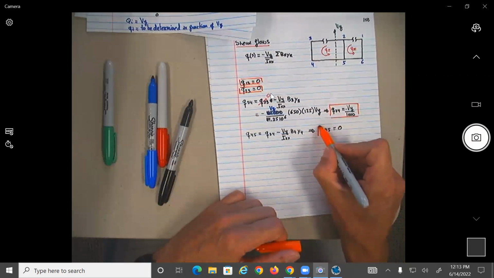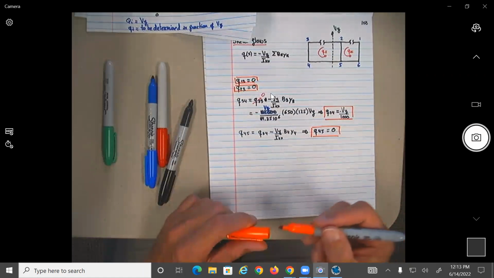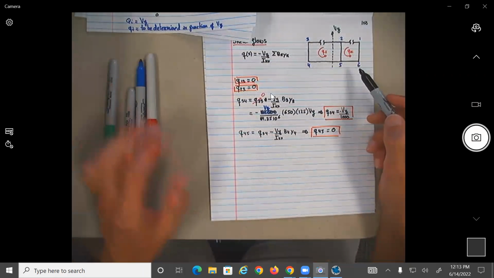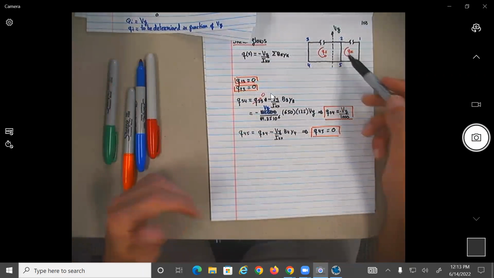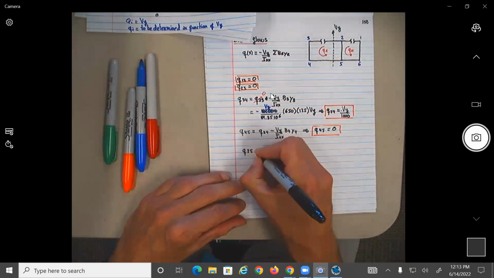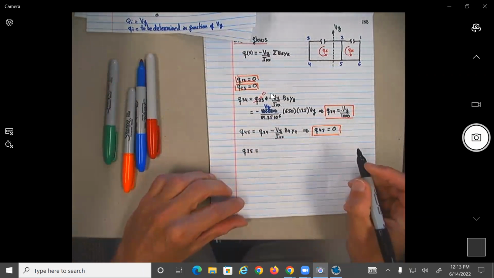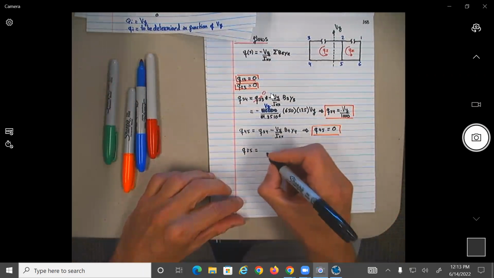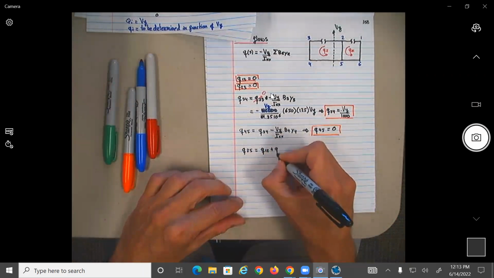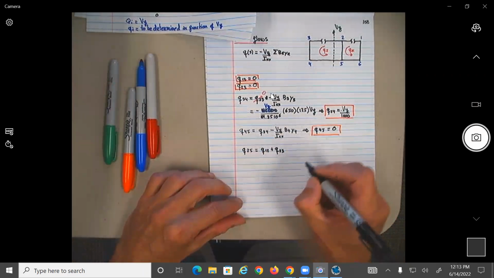All right, Q45. Now we can do Q25 if you want, even though since everything is 0, it's not going to change too much. So this should be equal to what? Q12 plus Q23, but both of them are 0, so it doesn't matter.